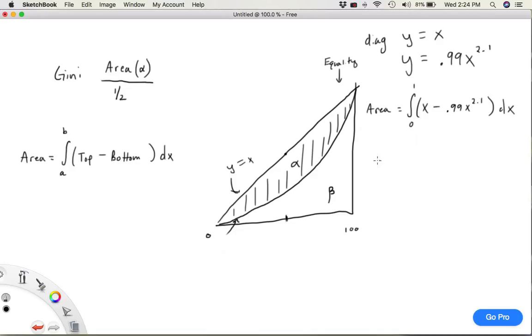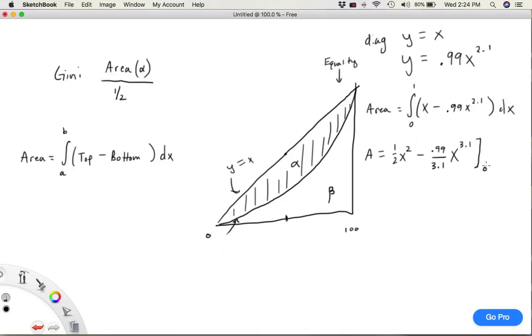Now the integral of that should be 1/2 x squared minus 0.99 times x to the 3.1, and then we divide by 3.1.